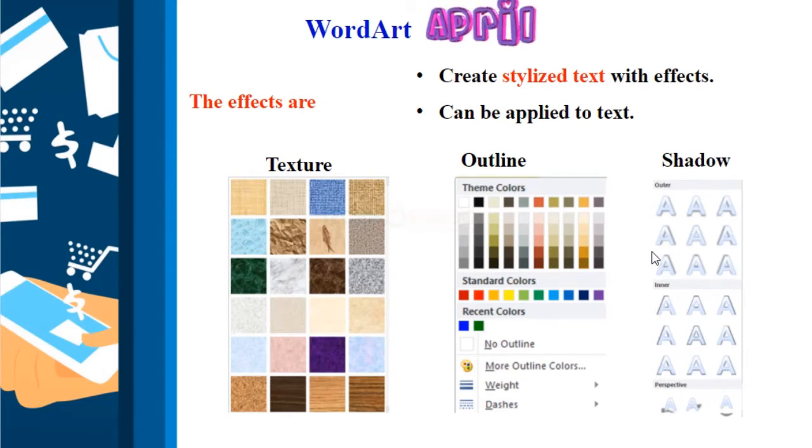It can be applied to text on any slide. You can also insert a variety of shapes such as rectangles, circles, lines, arrows, callouts and stars. You will learn how to apply WordArt styles and to insert and modify shapes on your slides.